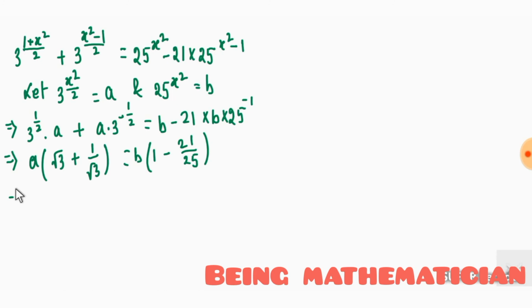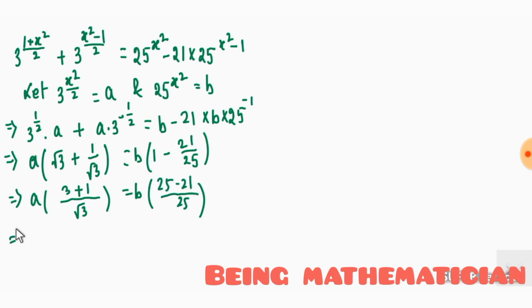So adding these two terms, we get root 3 into root 3 plus 1, and adding these two terms we get 25 minus 21, and this will be a into 4 by root 3 is equal to b into 4 by 25.